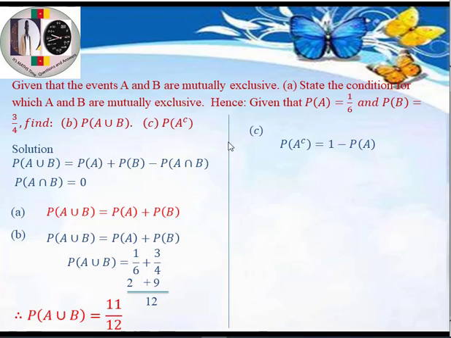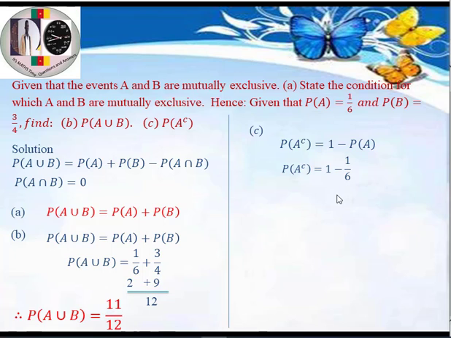So the probability of A complement is 1 minus 1/6. You can look for the LCM and you have 5/6.